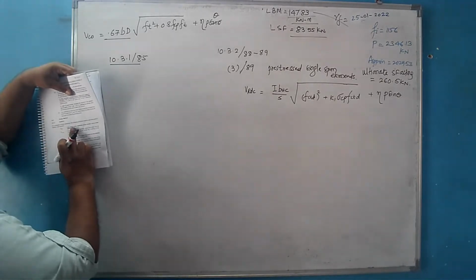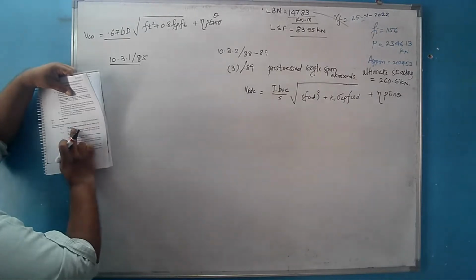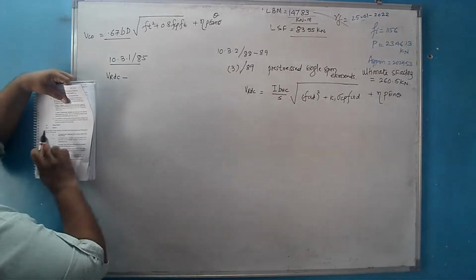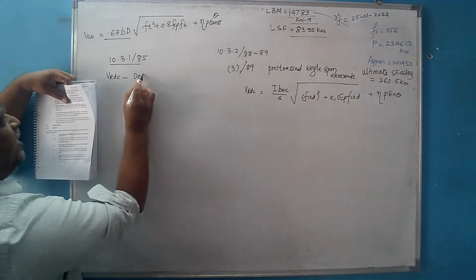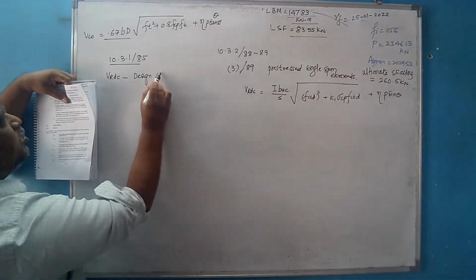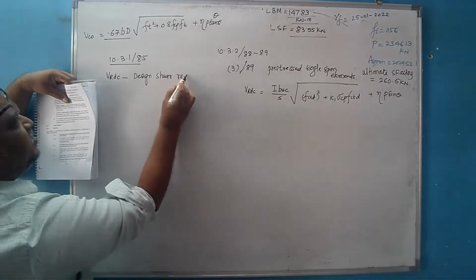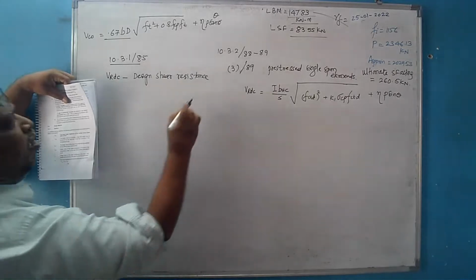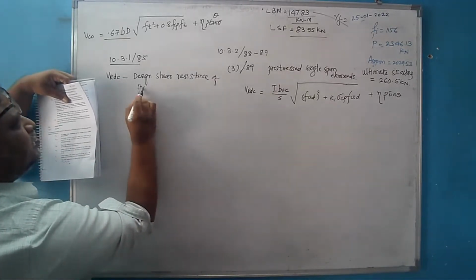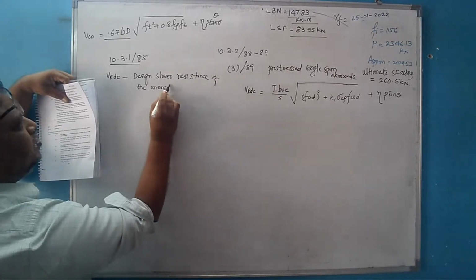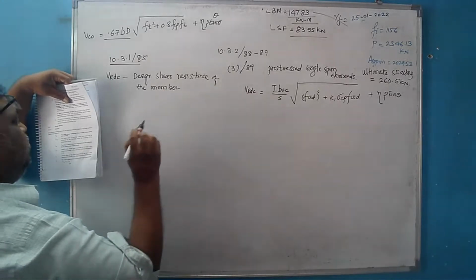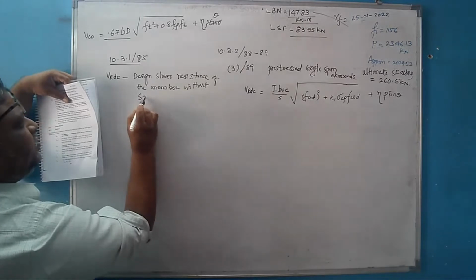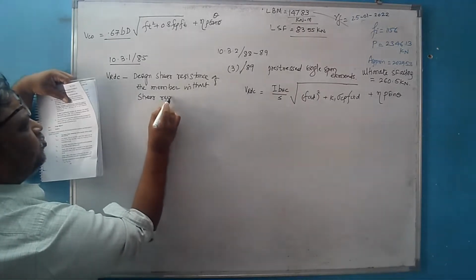VRd,c, the design shear resistance of the member without shear reinforcement. What VRd,c is? It is nothing but the design shear resistance of the member without shear reinforcement.